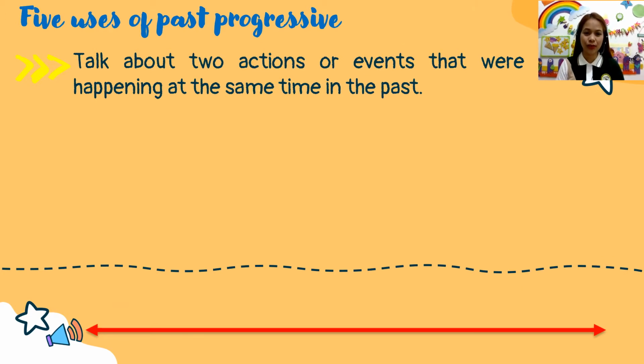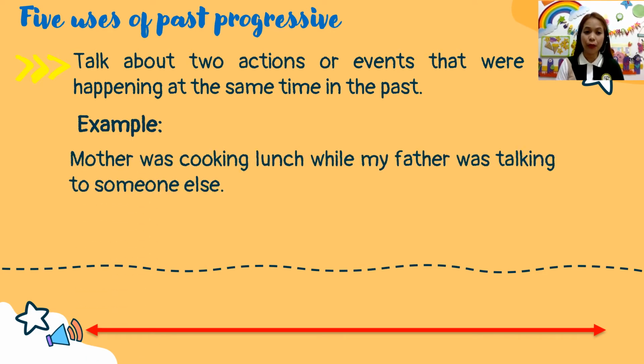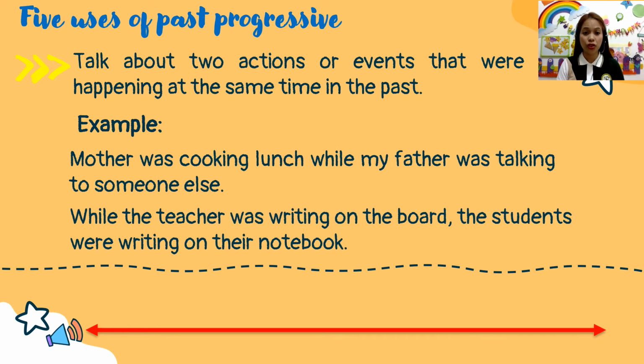Next one is to talk about 2 actions or events that were happening at the same time in the past. Okay? For example, Mother was cooking lunch while my father was talking to someone else. While the teacher was writing on the board, the students were writing on their notebooks. Okay? Was cooking and was talking are both in past progressive tense.